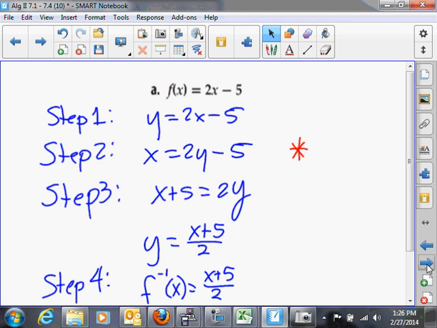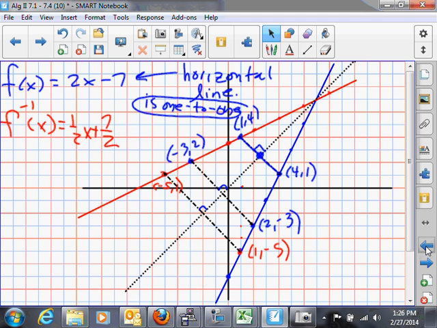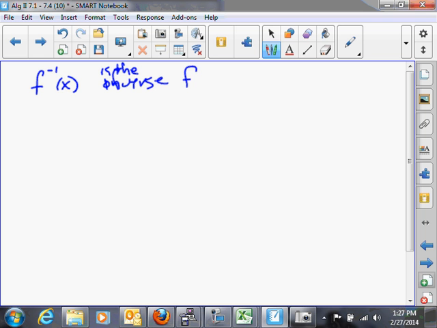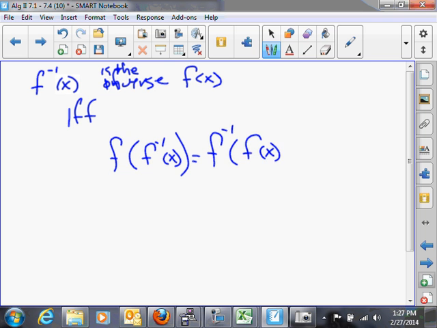Now, the final thing that we want to take care of here is I want you to know the formal definition, okay? We say that f inverse of x is the inverse of f of x, and vice versa, if and only if f of f inverse of x is equal to f inverse of f of x is equal to x.